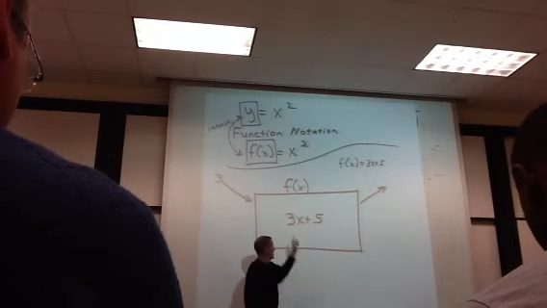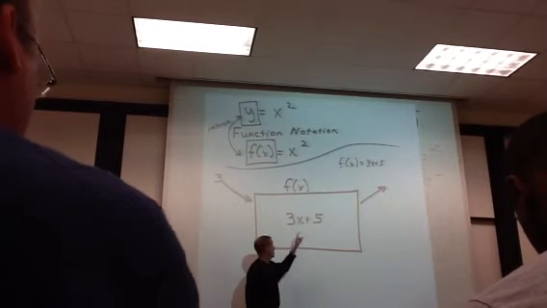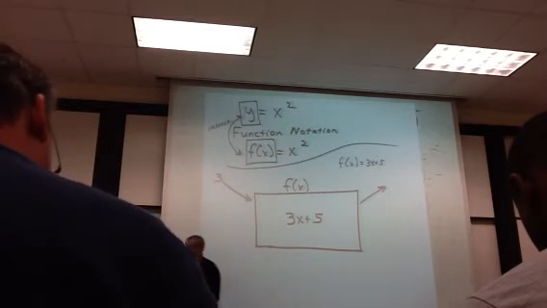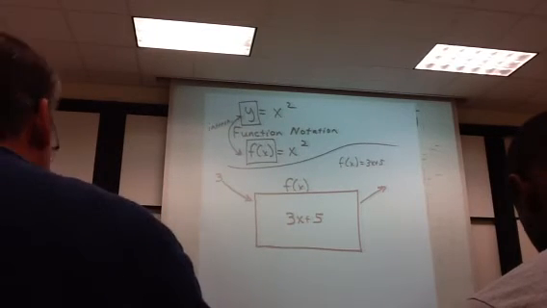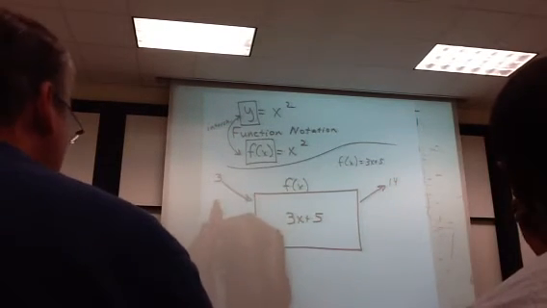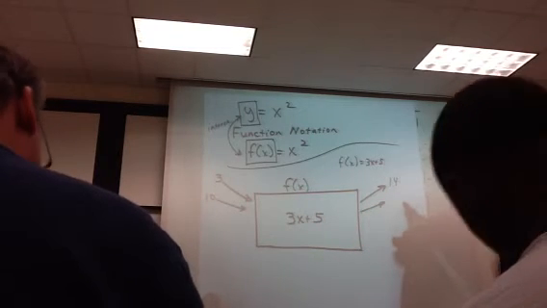I multiply whatever you give me by 3 and add 5. 3 times 3 is 9, plus 5, spits out 14. It's a mathematical computation machine. That's all it does. So if I give it 10, what's it going to spit out?